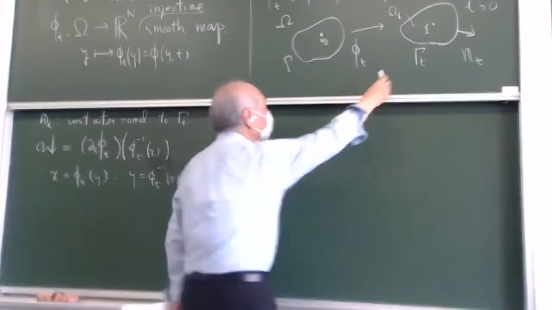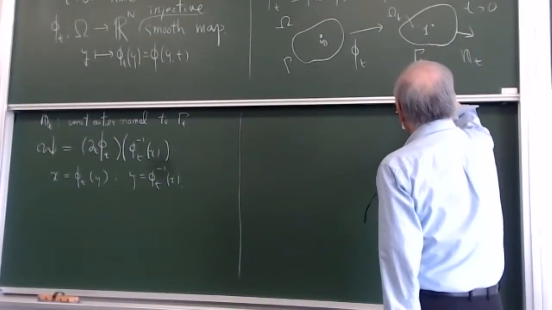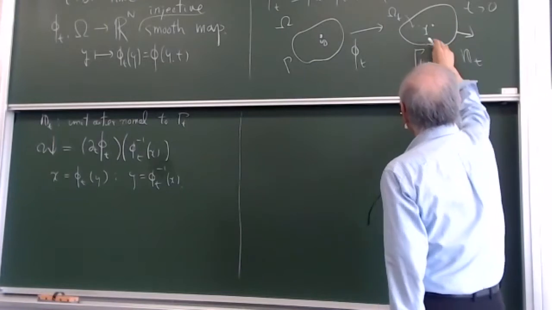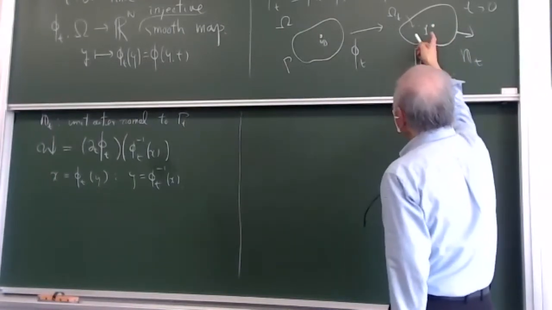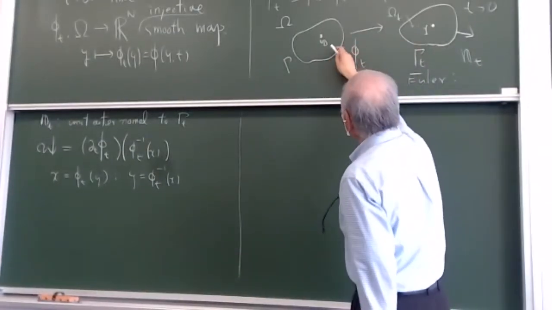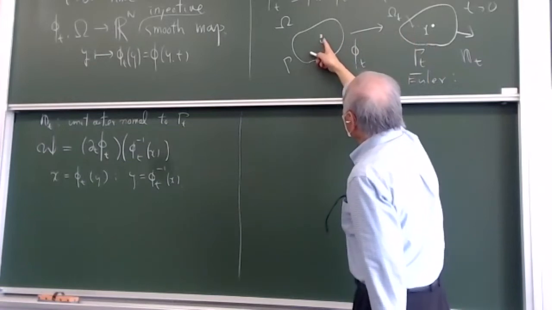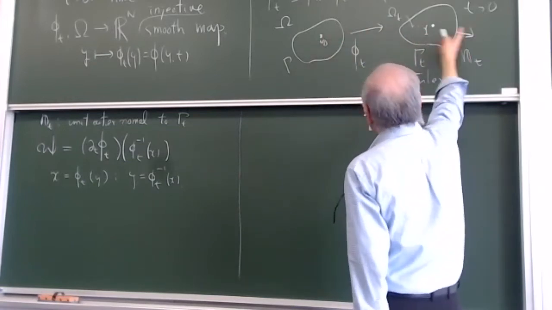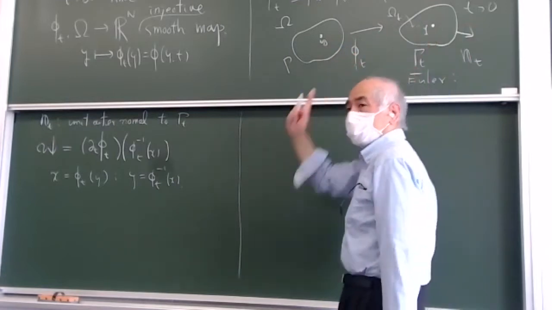So if you give x in the Euler coordinate, if you consider the Euler coordinate, you take a point x, then you can ask where it comes from, meaning you can find y. Then y, after time t, comes to x.